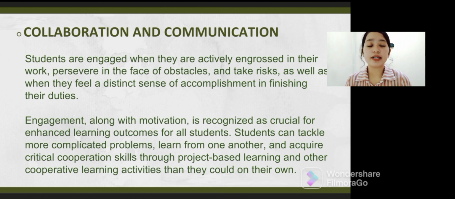So students are engaged when they are actively engrossed in their work, persevere in the face of obstacles, and take risks, as well as when they feel a distinct sense of accomplishment in finishing their duties.